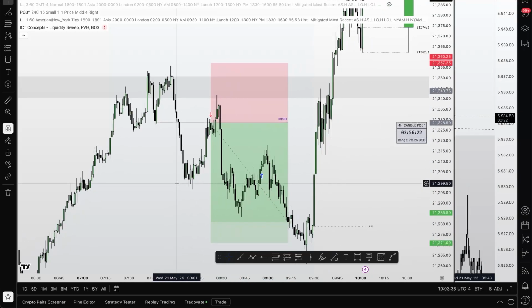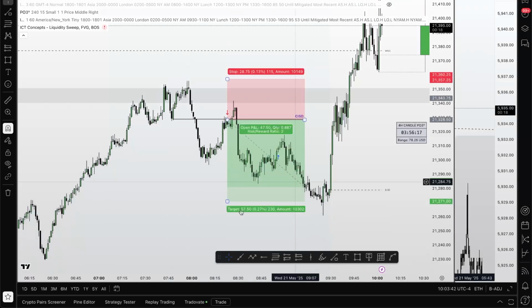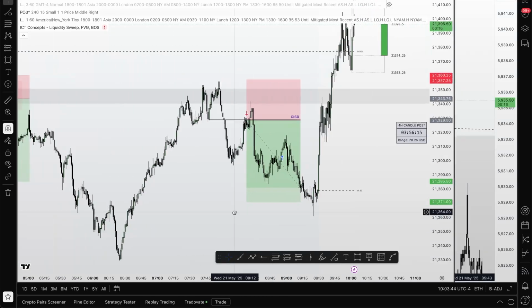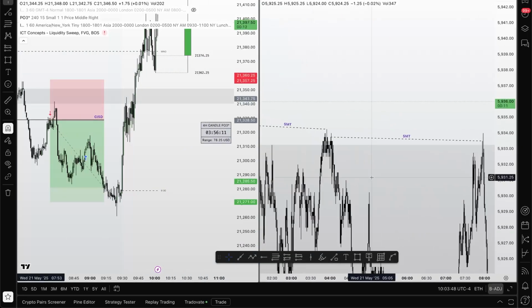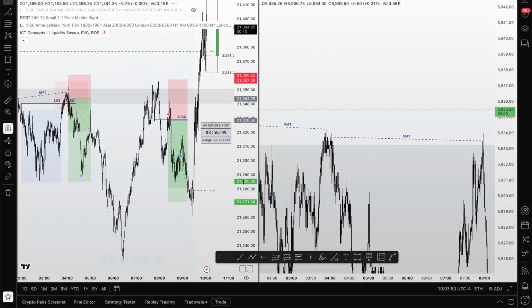As I said before, the 15-minute fair value gap is the first confluence I need. The next confluence I need is an SMT. If we go over to ES, we can see my SMT. My SMT was with these highs, the highs that I took the last trade on, which is quite fun.